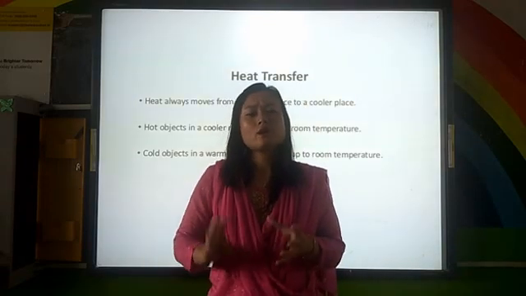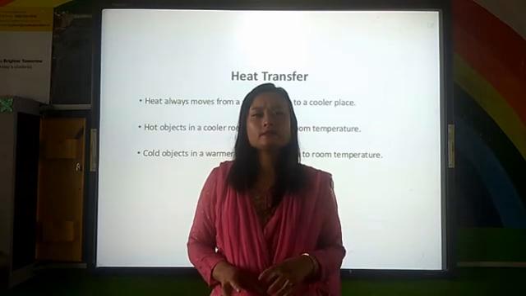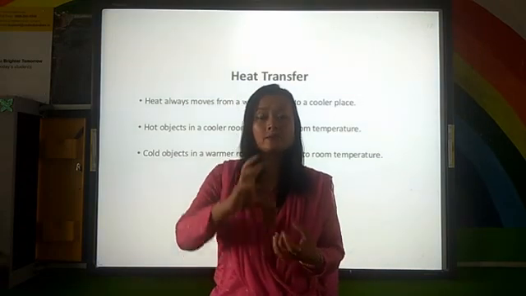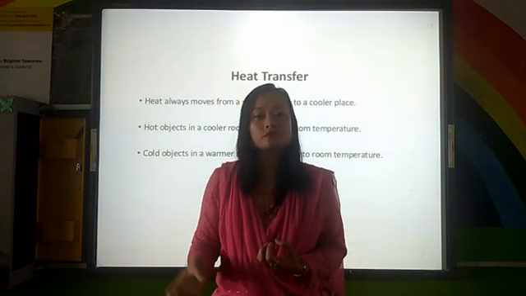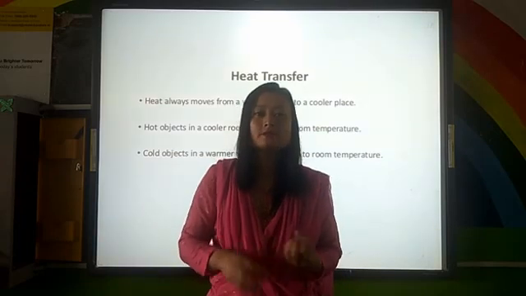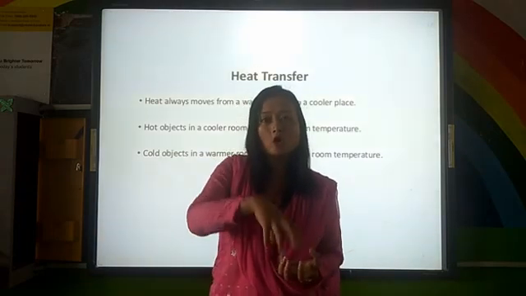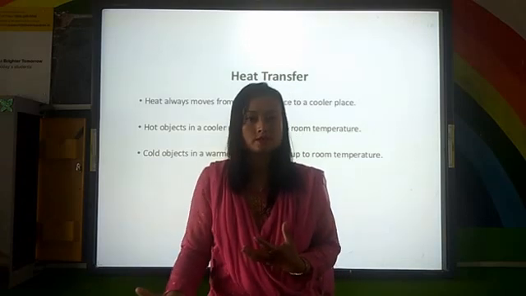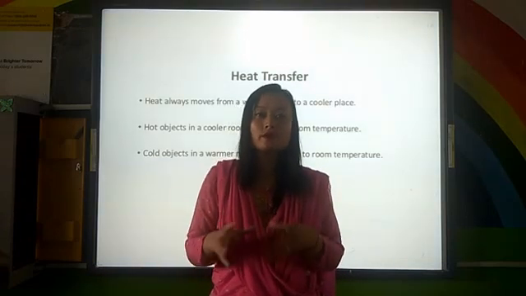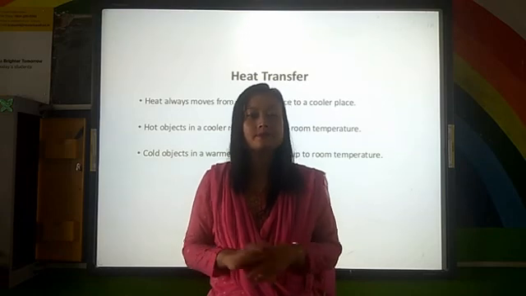So what is happening over here? Here the heat from the hot object has been transferred to the cold water. That means there has been transfer of heat from the hot object to the cold water. That's why both the bodies will have almost the same temperature.